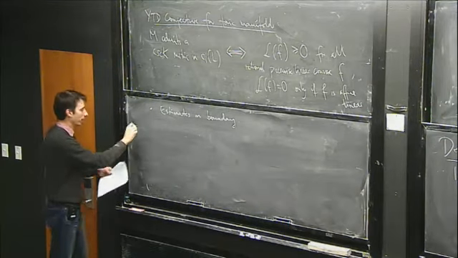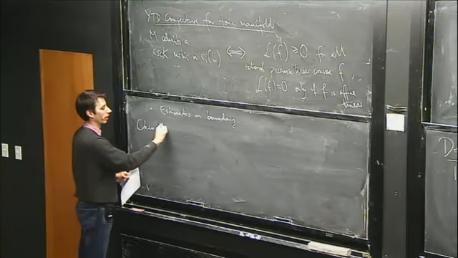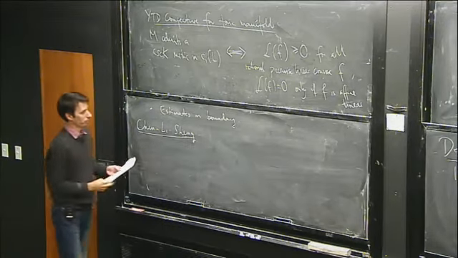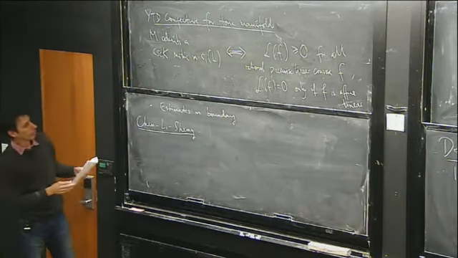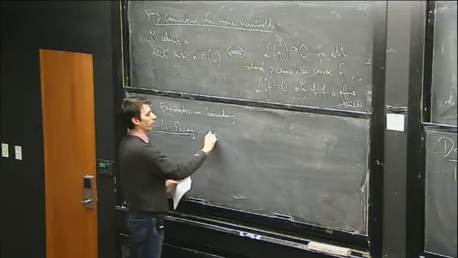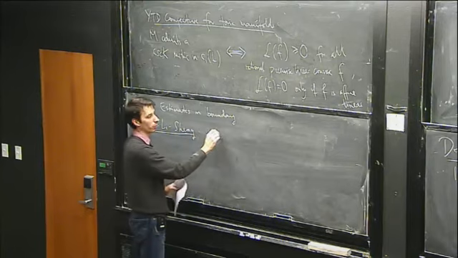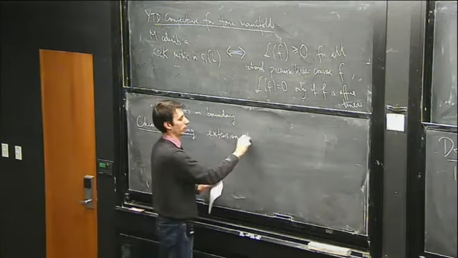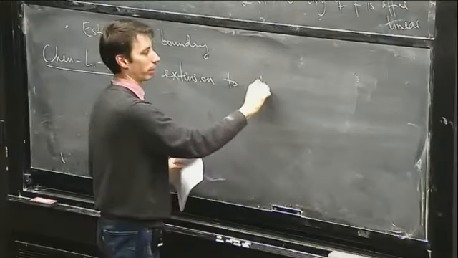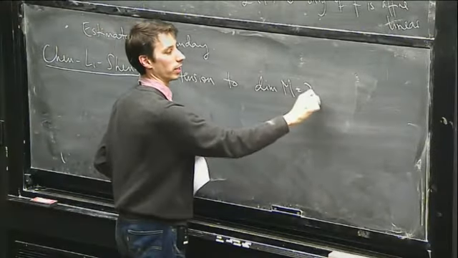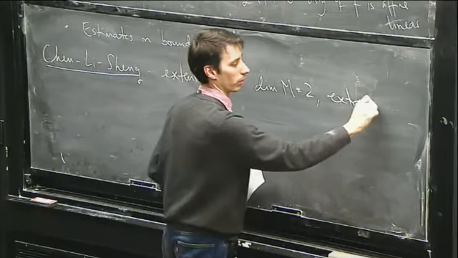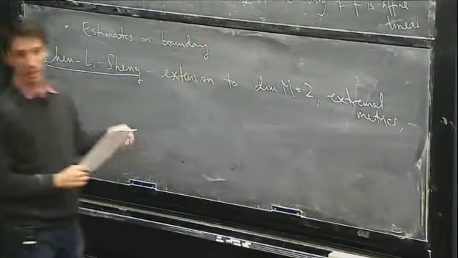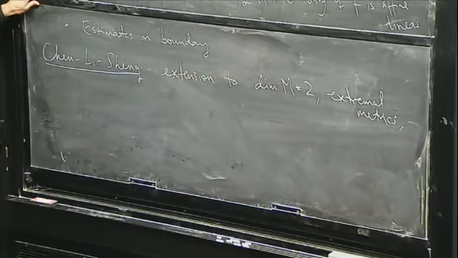And then finally, the most recent result is the work of Chen-Li-Sheng. This is an extension of this result to extremal metrics. So still dimension is 2, and we obtain the existence of extremal metrics.